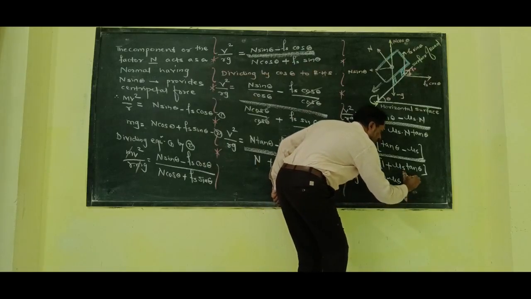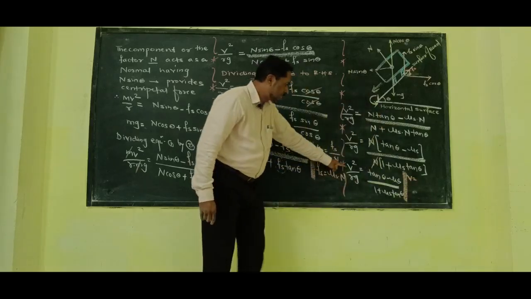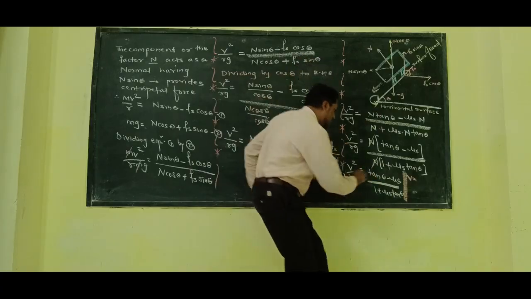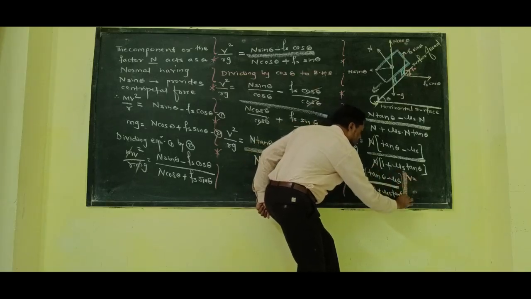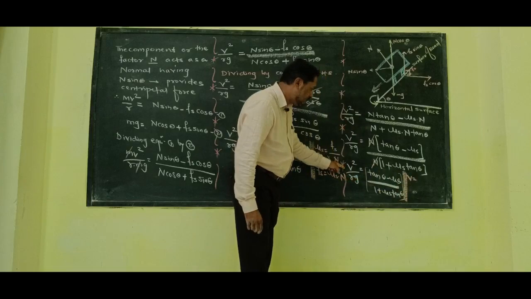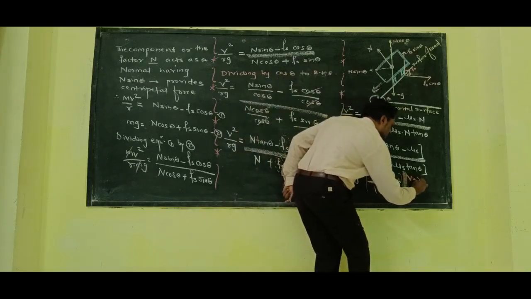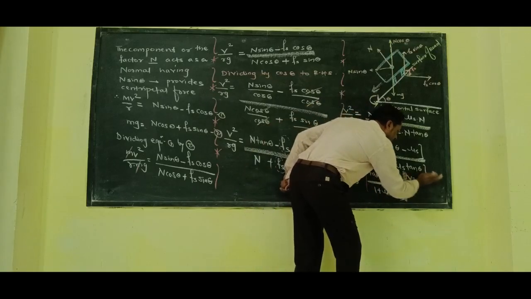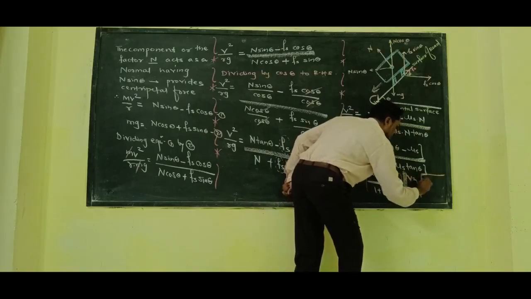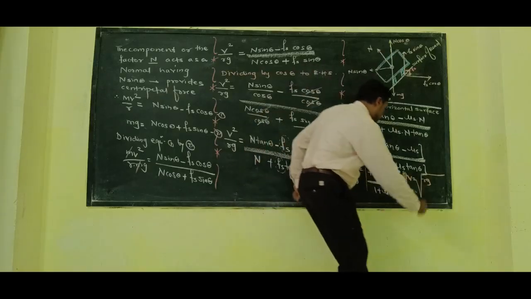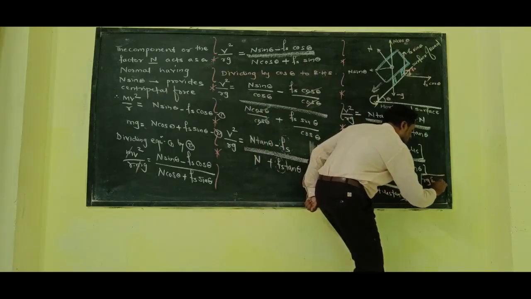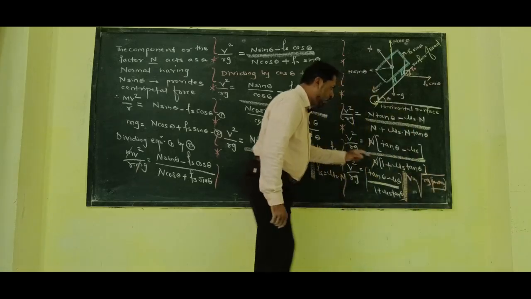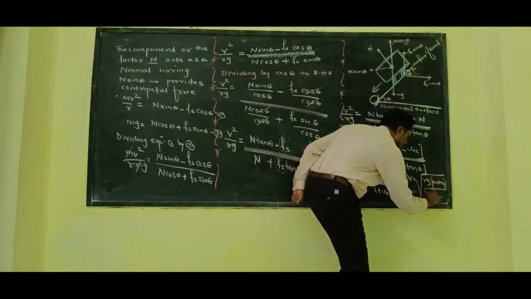Or, taking the square root, and rg goes to multiply this bracket, we can write v is equal to the square root of rg times the bracket, tan theta minus mu s divided by 1 plus mu s tan theta.